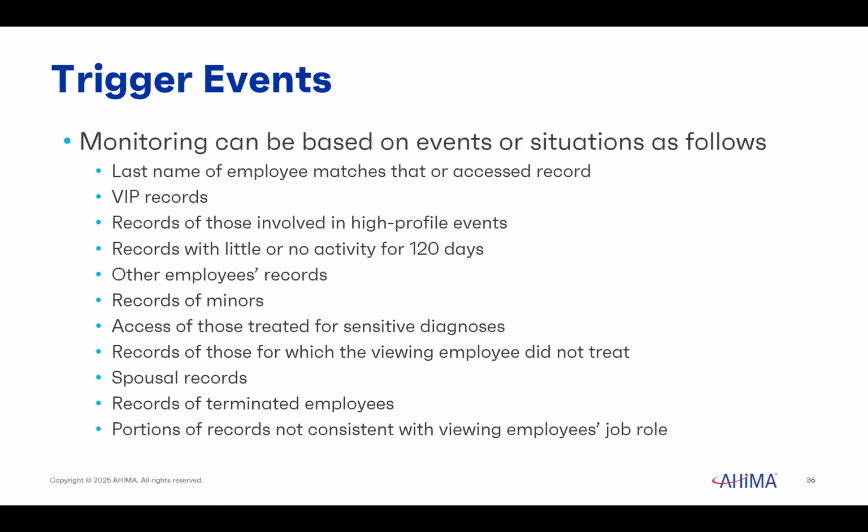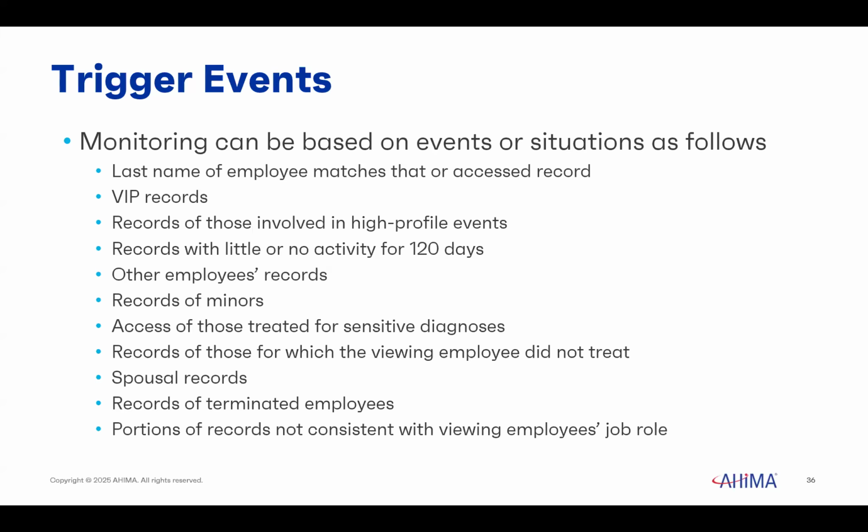And then we can have the VIP records, right? These are records of celebrities, athletes, politicians who may be seen at your facility. Anybody who accesses that could start an audit trail. Records with little or no activity for 120 days, employee records, all these other different types of things, right?